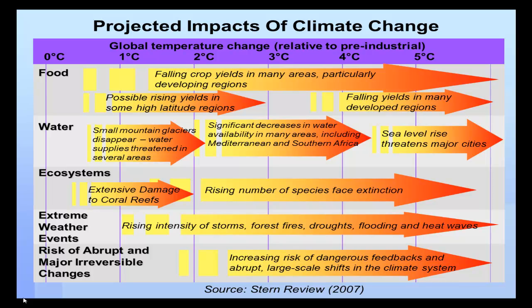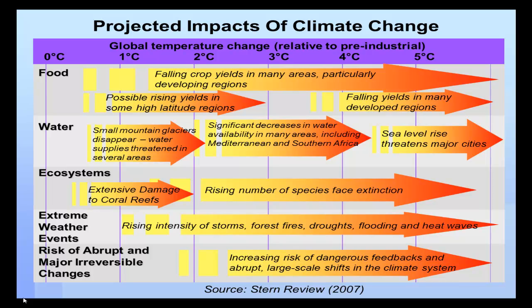Then of course sea level rise threatens major cities and small island states. There are significant decreases in water availability in many areas, including the Mediterranean and Southern Africa, as global temperatures increase beyond 2 degrees. There's also a rising number of species that will face extinction, and increasing risk of dangerous feedbacks and abrupt large-scale shifts in the climate.